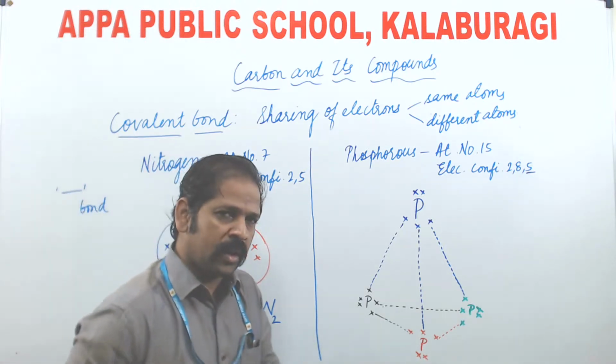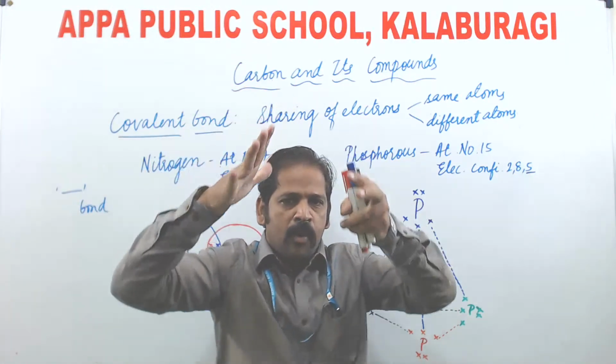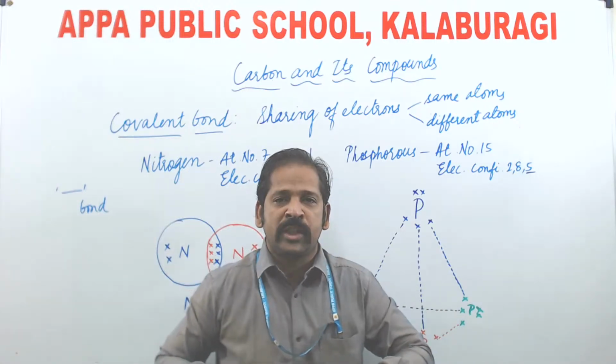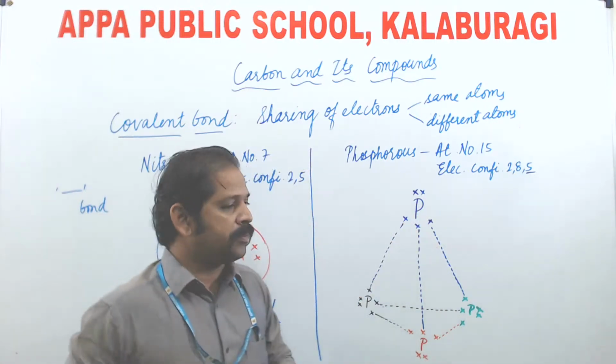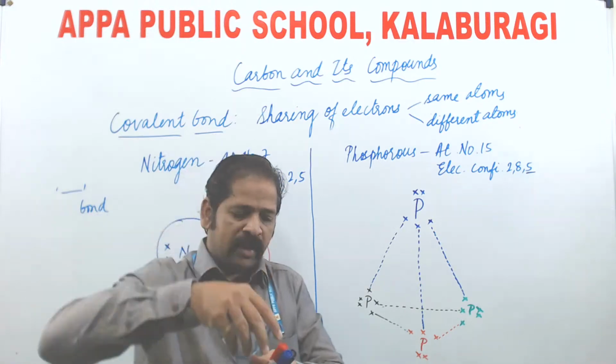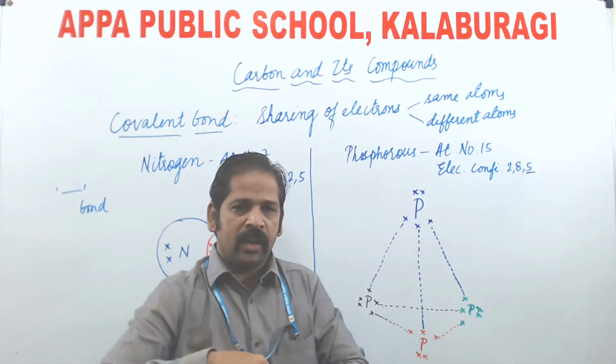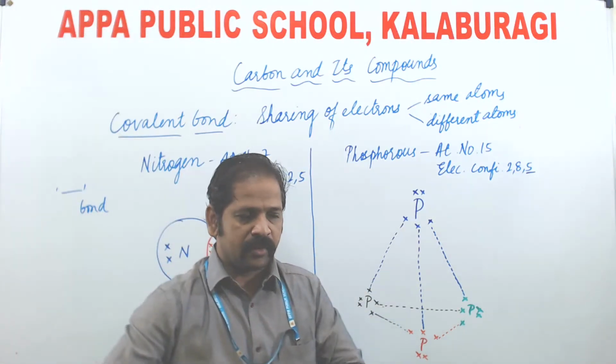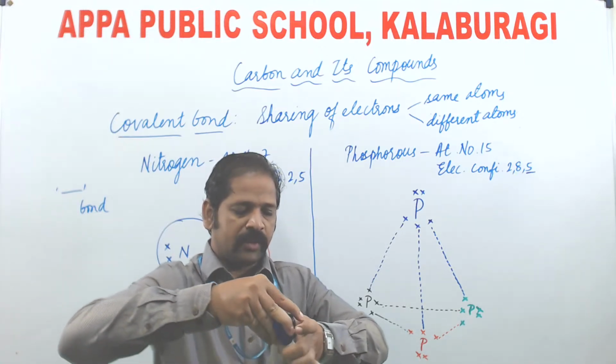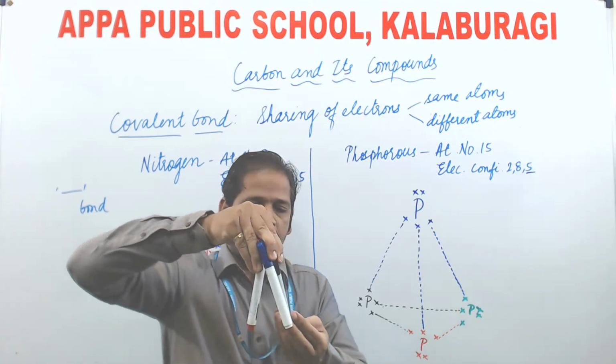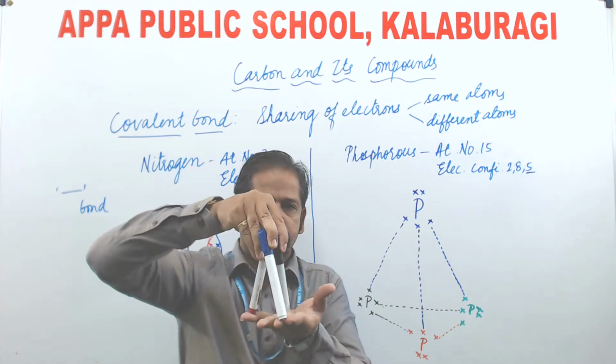How it looks: top and bottom, a triangle like a cone shape. The top is at the same point and three electrons will be there in this way. Triangle shape.